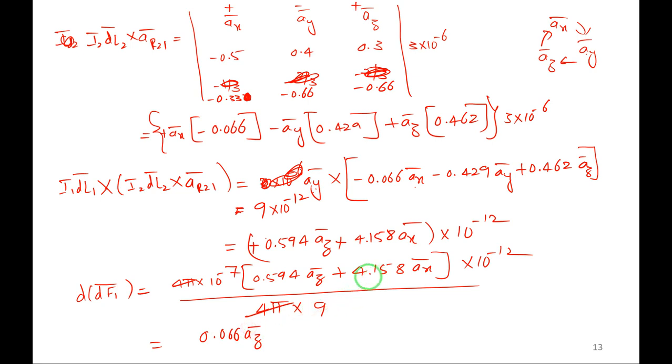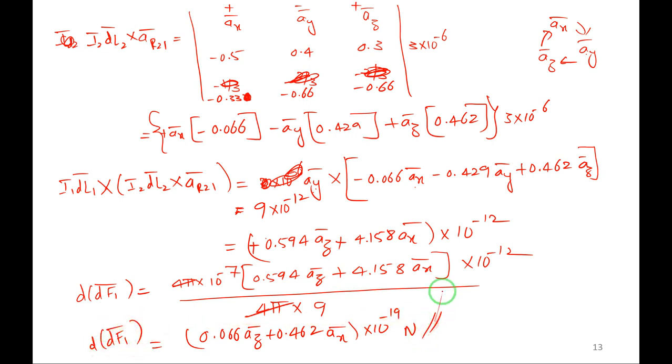Then 4.158 divided by 9, so I am getting 0.462 AX, into 10 to the power of minus 7 minus 12, so I am getting minus 19 newtons. This is the answer, right? DDF1.